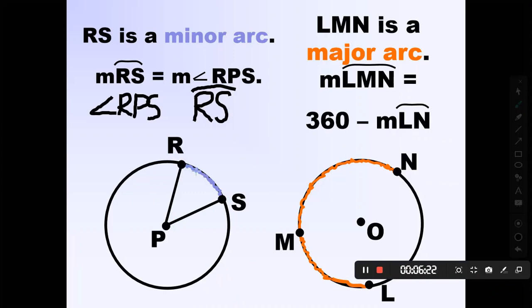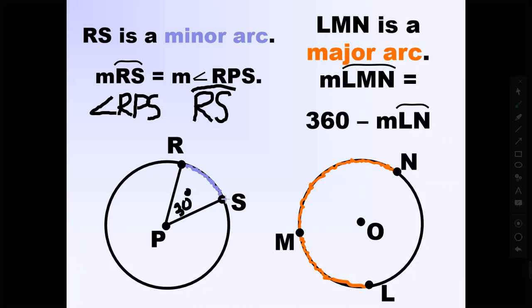Okay, so for example, if we say the central angle here is 30 degrees, let's write it down. This is 30 degrees.